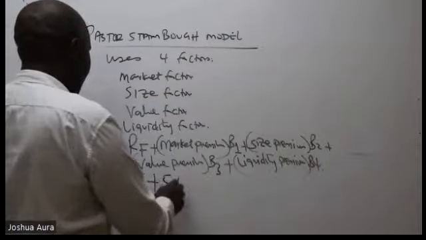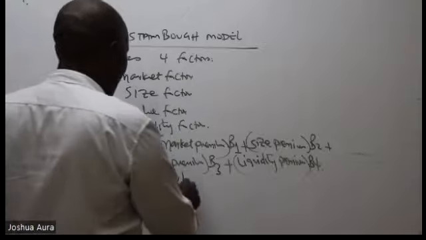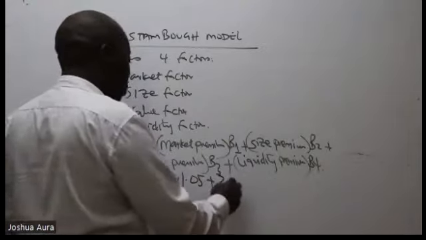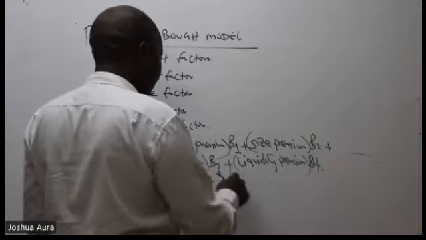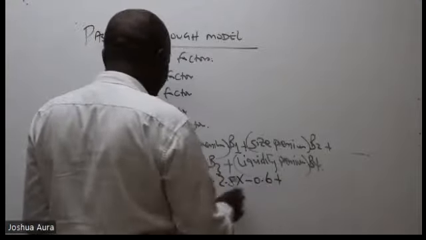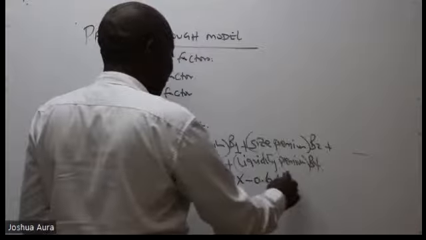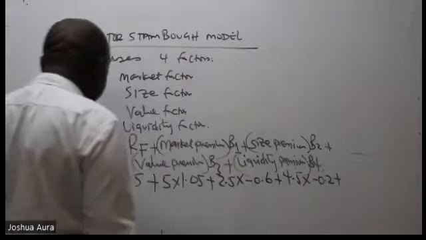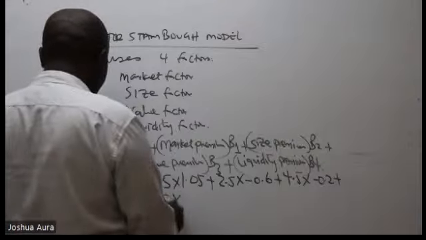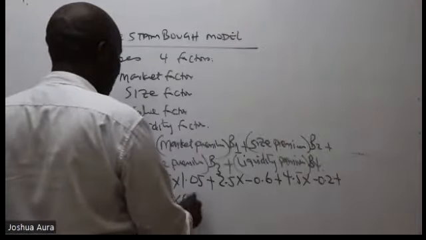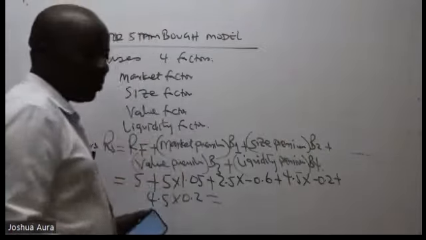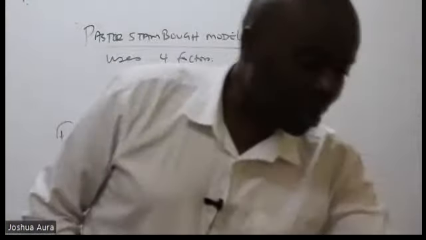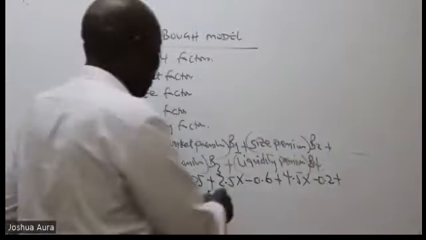Market premium is 5 times its sensitivity factor, which is 1.05, plus we have in this case the second factor's premium, 2.5 times minus 0.6, plus 4.5 times minus 0.2, plus 4.5 times 0.2. If you do it that way, you'll be able to give us the correct answer, which is 8.825.